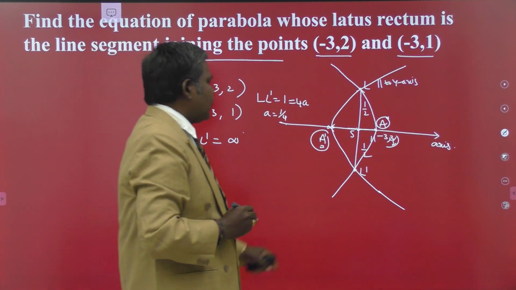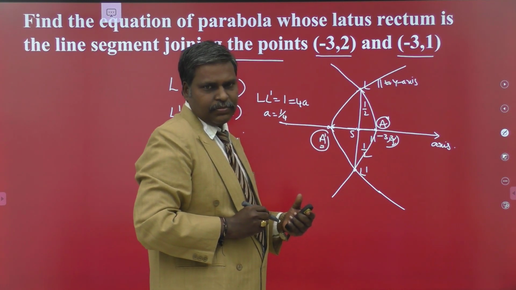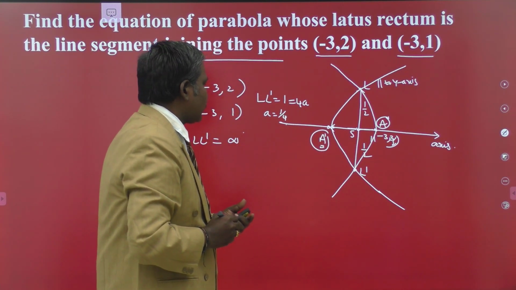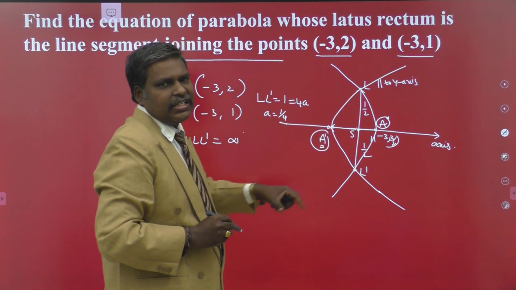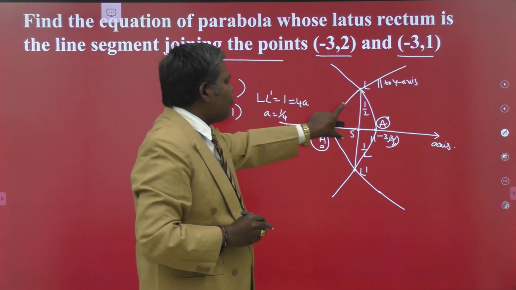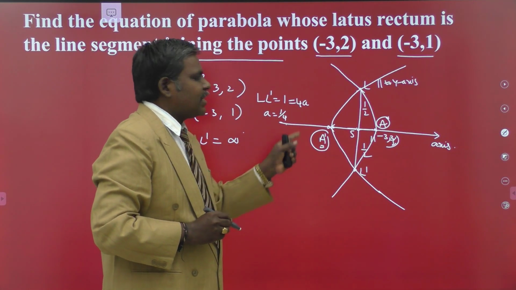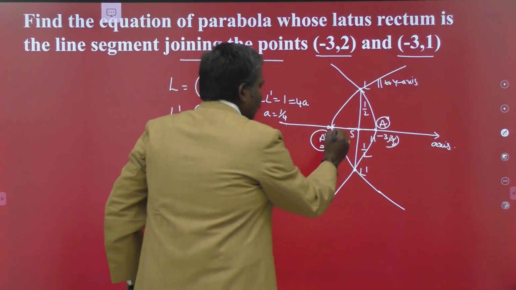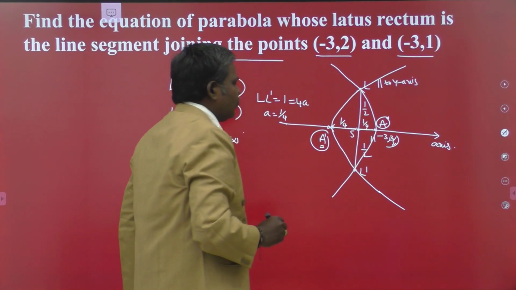All of you know that the distance from focus to vertex is A units. If you multiply it by 4, you get 4A, that is the length of latus rectum. 1 by 4th of the length of latus rectum is nothing but the distance from vertex to the focus. So, the distance from here to here is 1 by 4 units. So, here to here is also 1 by 4 units.